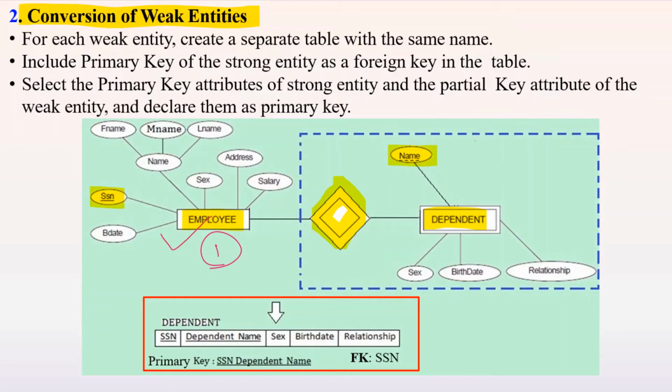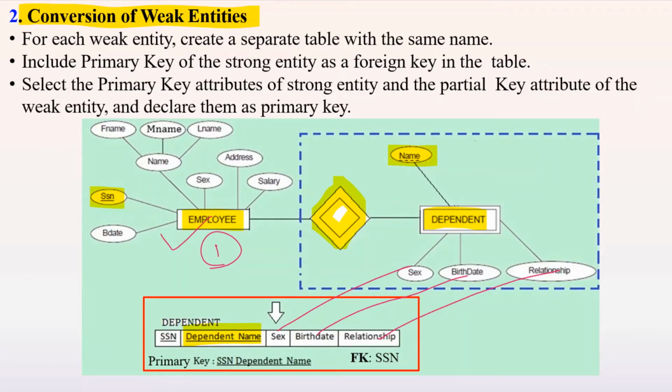Here we take all the attributes directly as fields of the table, and the dependent name is the partial key of the weak entity.